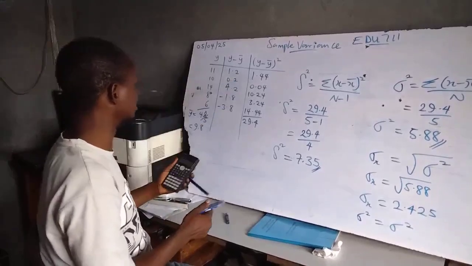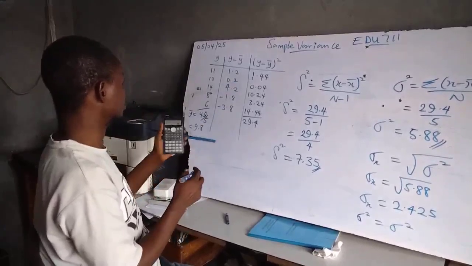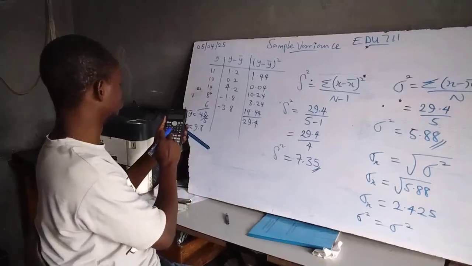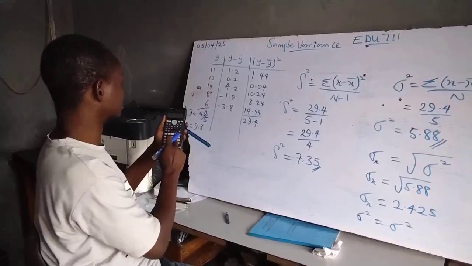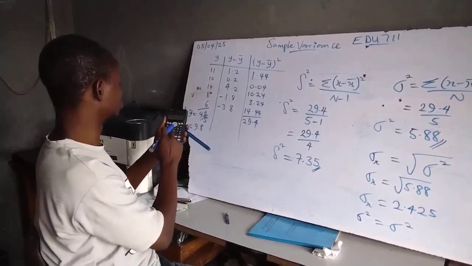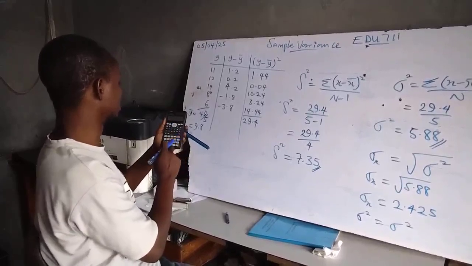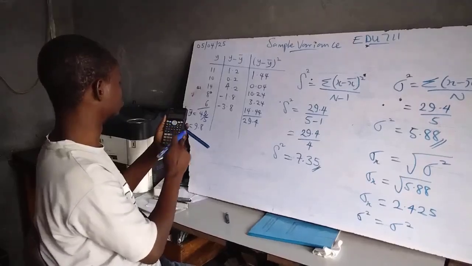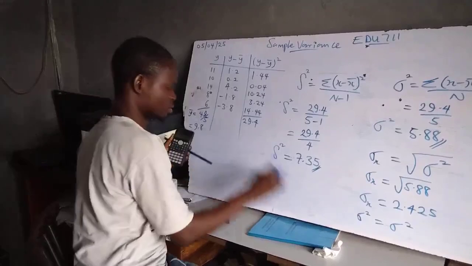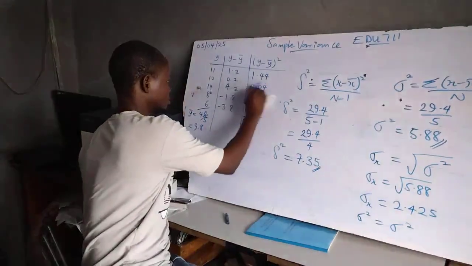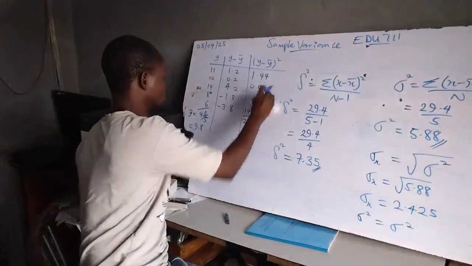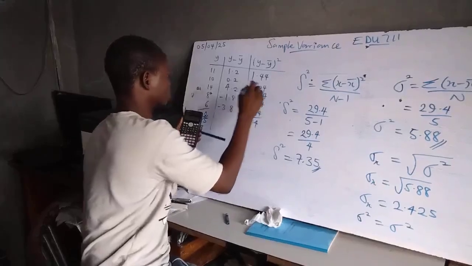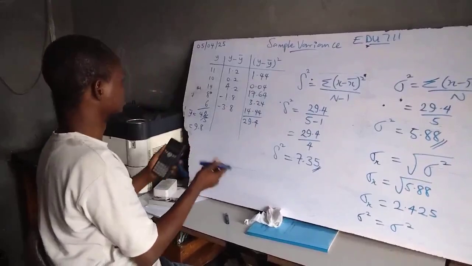So let's take the square. 1.2 square is the same thing. 0.2 square is also correct. Then definitely 4.2 square will be different. 4.2 square, that is 17.64, instead of 10.24.